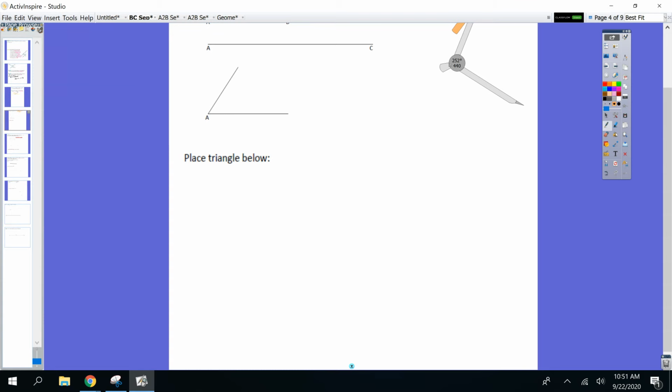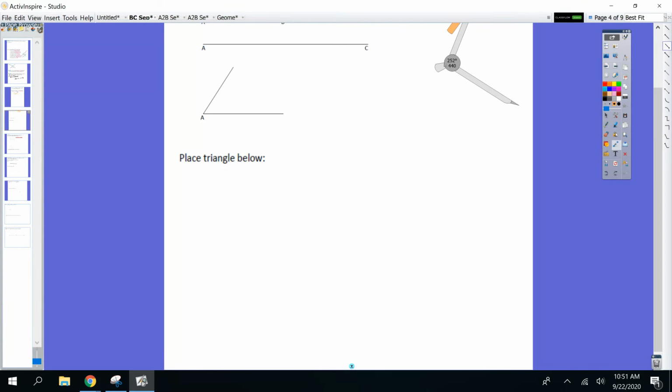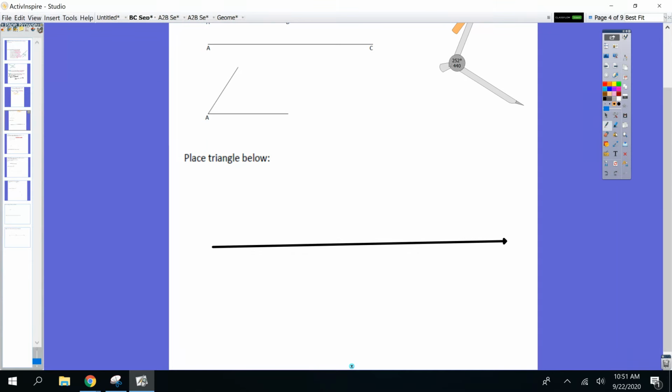So AC, make it longer than AC. Rays have endpoints, remember? One endpoint going in one direction. What do you think we want to probably call that endpoint, based on the segments and the angle we have to copy? A. Endpoint A.